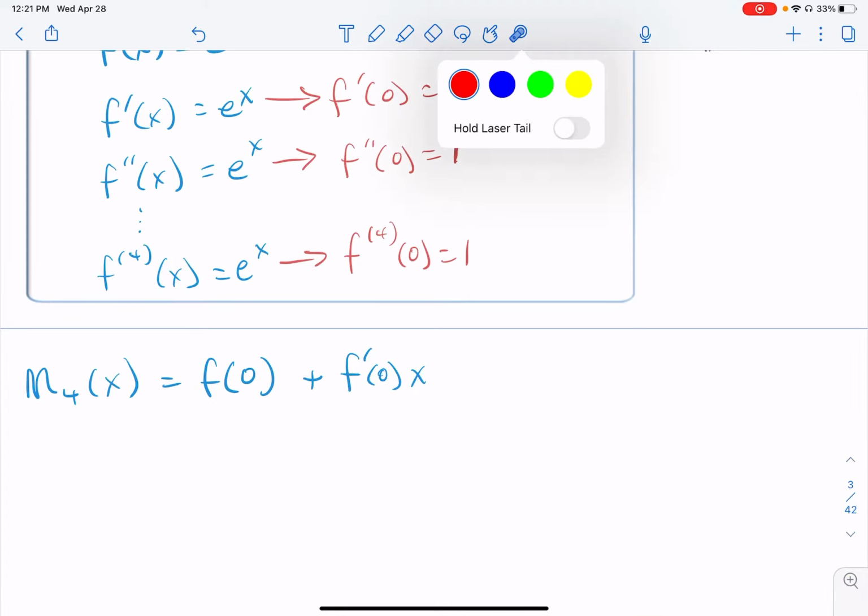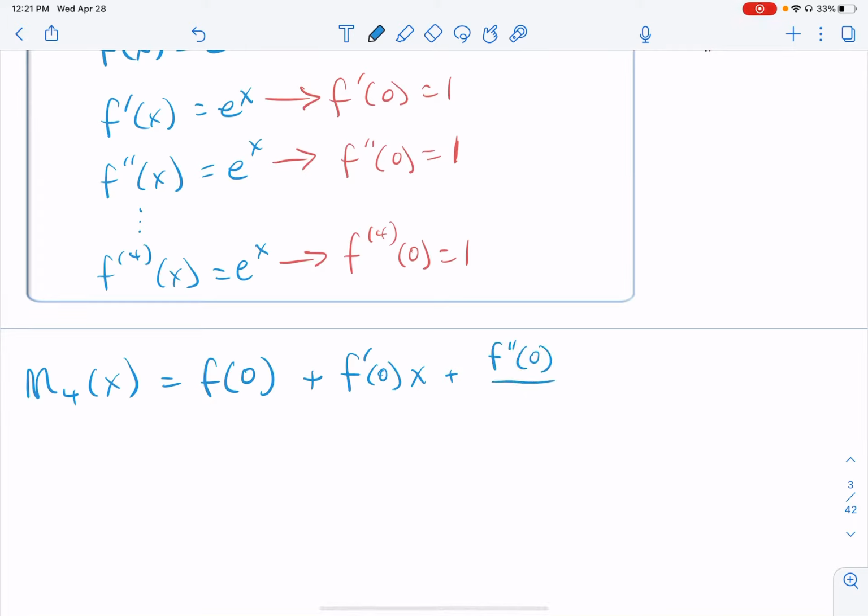And if we stopped right here, we basically have a tangent line, right? That is the first degree Taylor polynomial, plus f double prime of 0, and then we divide that by 2 factorial. So actually what happens is that this one's divided by 1 factorial, and this is divided by 0 factorial, but both of those are equal to 1, so why write it?